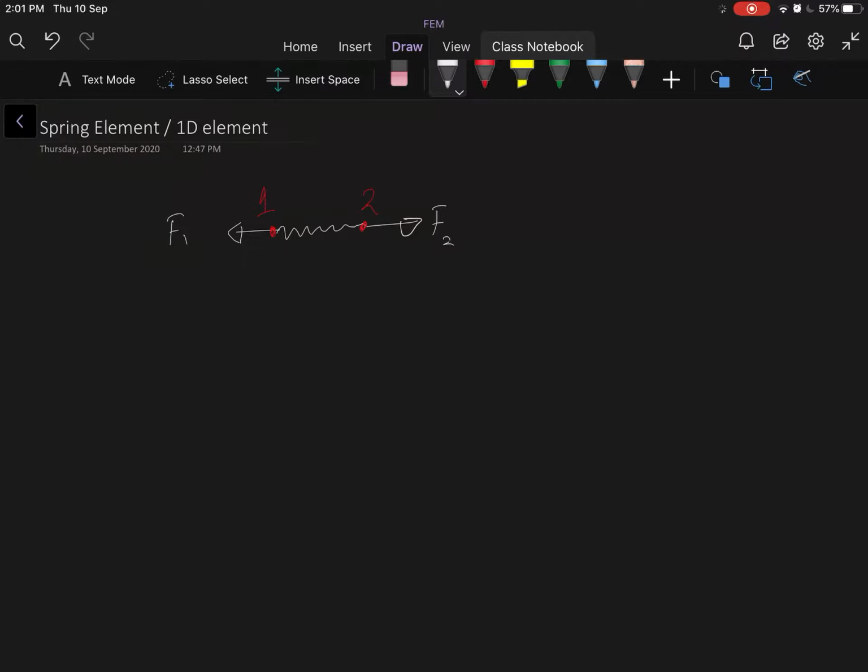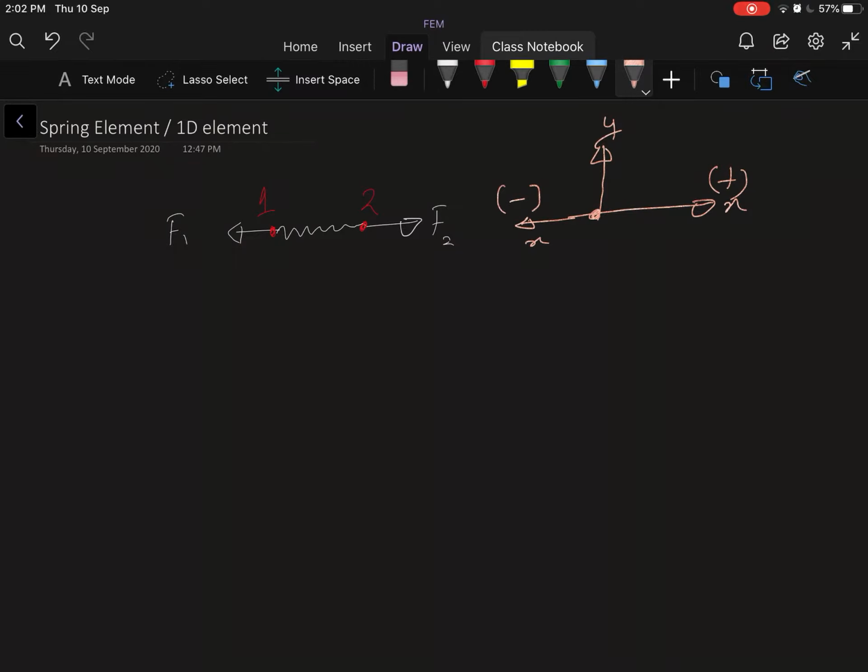Let's further assume that we would adopt a Cartesian coordinate system in which the horizontal axis represents x and the vertical axis represents y, such that if this is our origin, then on the right hand side it is considered to be positive value and on the left hand side it is considered to be negative value.